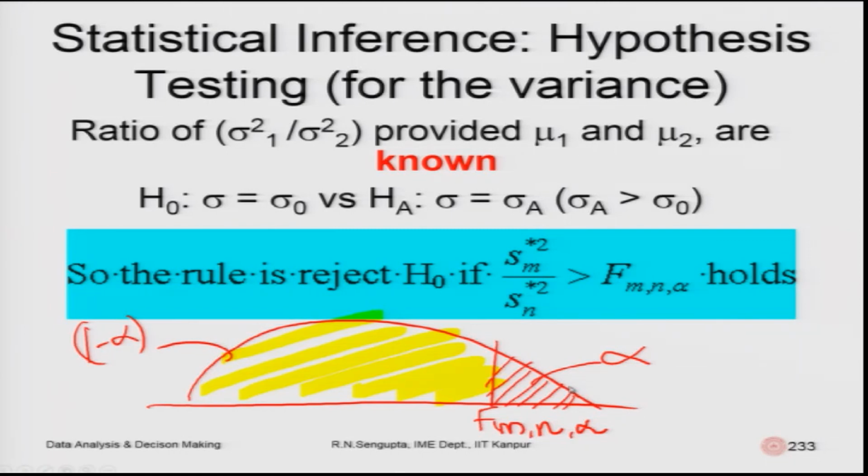If the ratio of S dash square suffix m divided by S dash square suffix n is greater than type, obviously it would be on the right hand side, greater than f m comma n comma alpha, which you see is right. So, the nomenclature being followed exactly matches the rule of rejection of H naught, or vice versa.